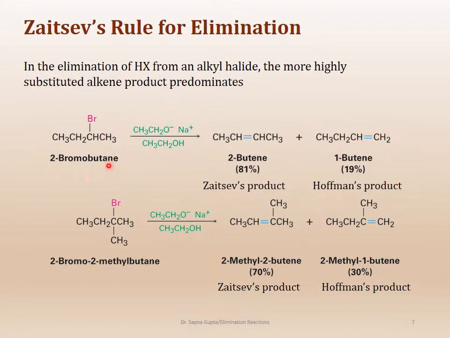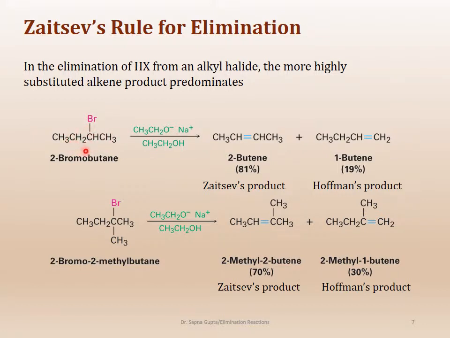So when we look at 2-bromobutane, okay, and we start doing elimination on this, for elimination you need a beta proton, or a beta hydrogen. And since this is a secondary carbon, there are two beta hydrogens possible, one here and one on the side. So one hydrogen can come from the CH3 and one hydrogen can come from the CH2.